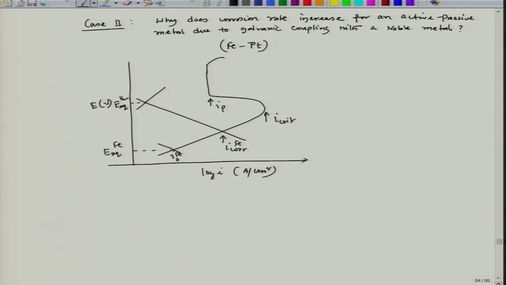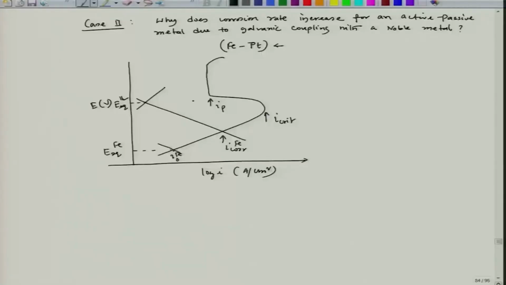Now, once this particular alloy is exposed to acid, the de-alloying effect starts taking place and redeposition of platinum takes place, so that you have platinum enriched zones on top of the iron surface.